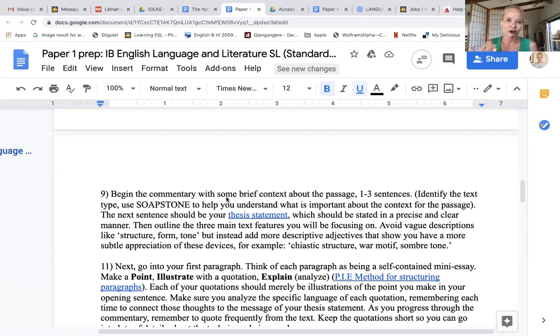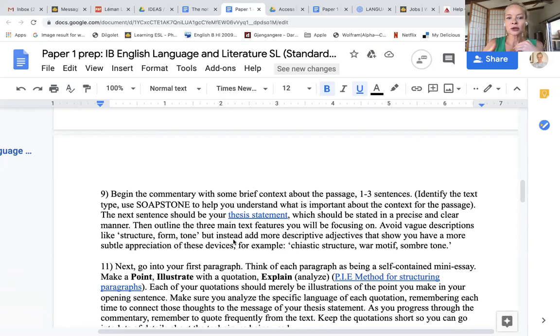Let's say it's an article and it's about something that has happened in real time. Audience is never general, by the way. It's always a specific audience, either within a region, a country, or age group, or man, woman, you name it, depends, right?